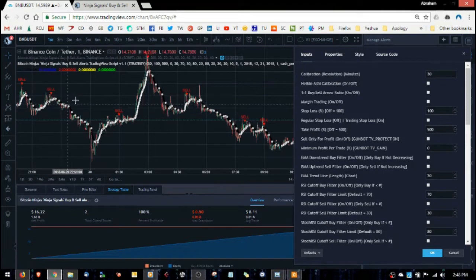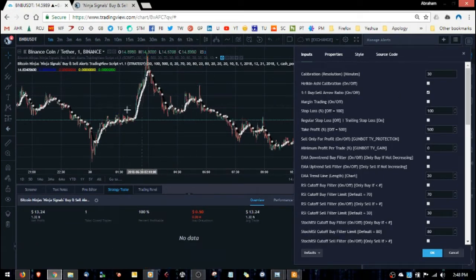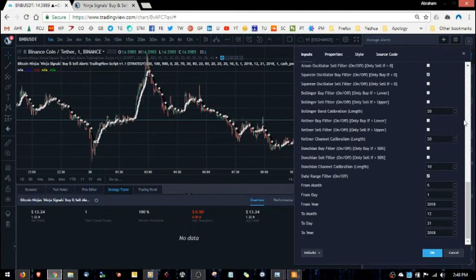We see almost all sell arrows are left on the chart. So if I now activate the 1-to-1 buy sell arrow ratio filter, we'll see that a lot of those are going to disappear because it's going to knock it down to just 1-to-1 arrow. So after a buy arrow, it will wait for a sell arrow. After the last sell arrow, it will force the script to wait for the next buy arrow to come.